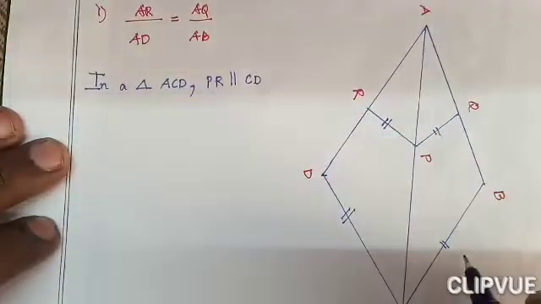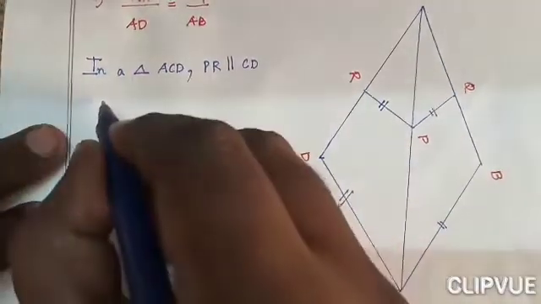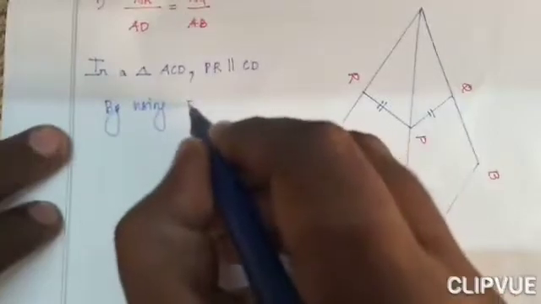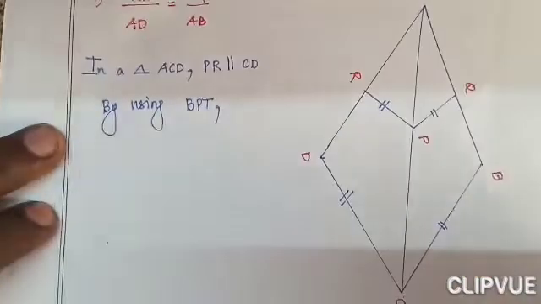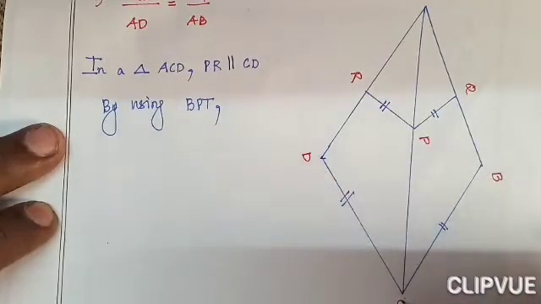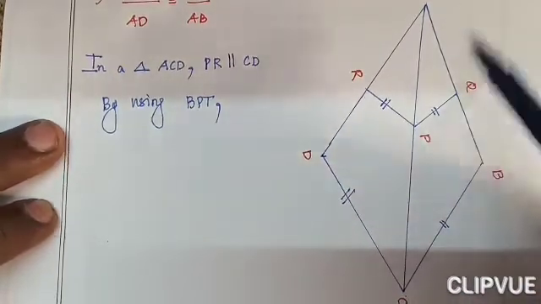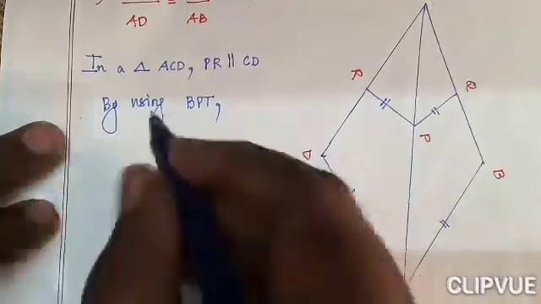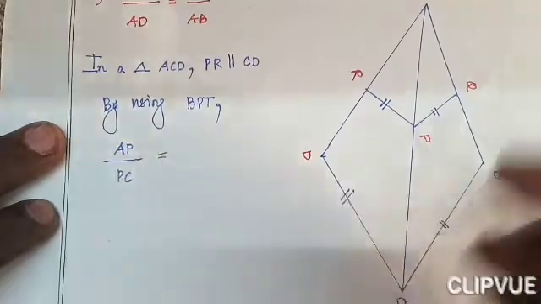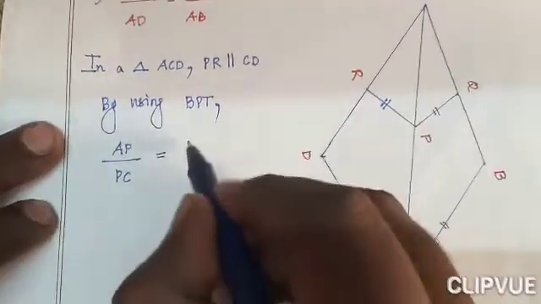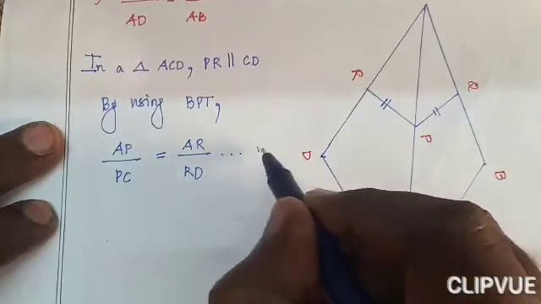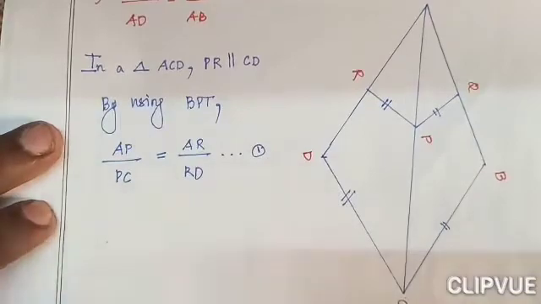Therefore, by using the basic proportionality theorem, this PR is parallel to the side CD of the triangle ACD. Therefore, it can be written as AP by PC equal to AR by RD. Consider this as 1.